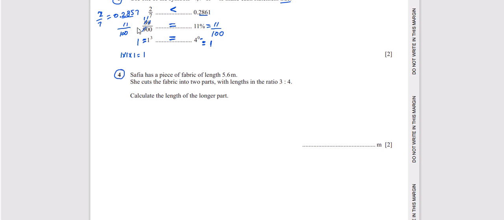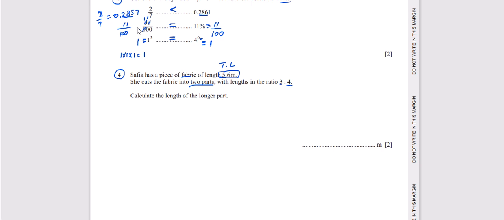Question number 4. Safia has a piece of fabric, which means the piece of fabric having length is 5.6 meters. It is the total length. She cuts the fabric into two parts with lengths in the ratio 3:4.